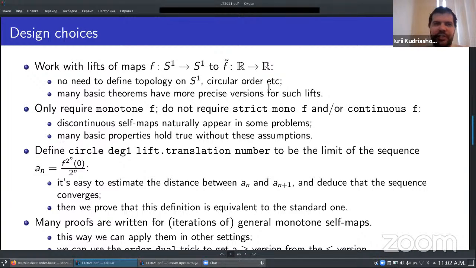People write down some inequalities on the circle, etc. We cannot do exactly this. So it's easy to just work with a map from R to R.